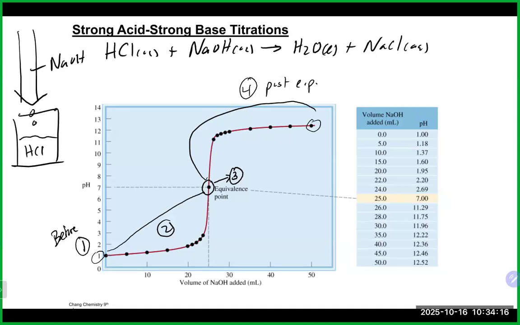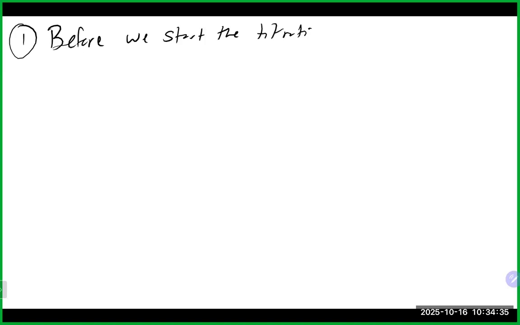All right, so we're going to talk about how we can get the pH for all of these parts. We'll start with the first part, which is before we start the titration. Before we start the titration, we haven't added any sodium hydroxide.